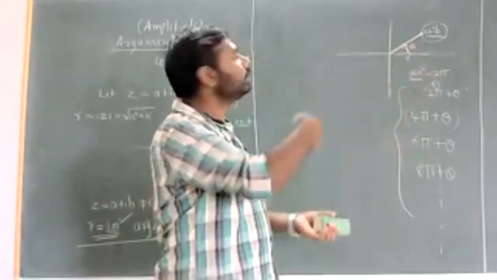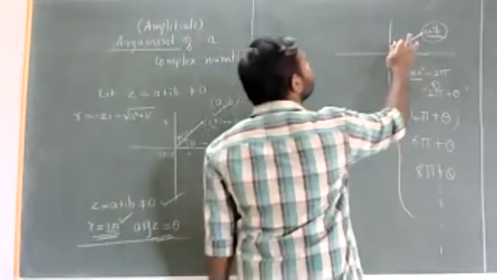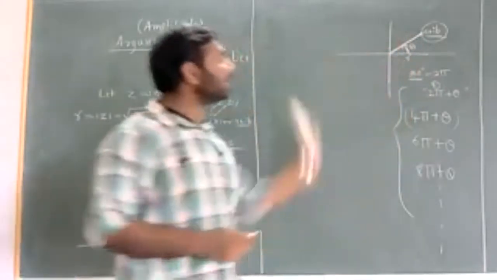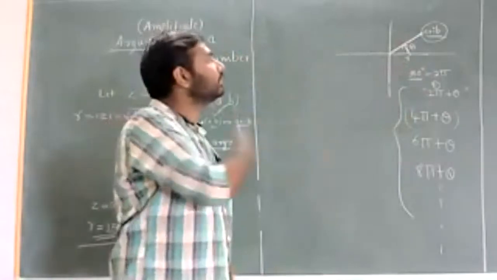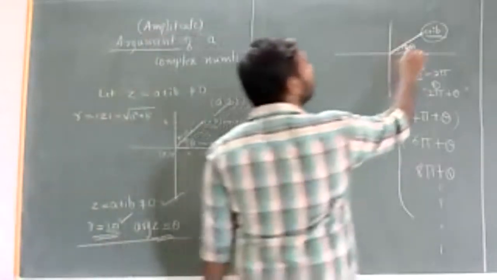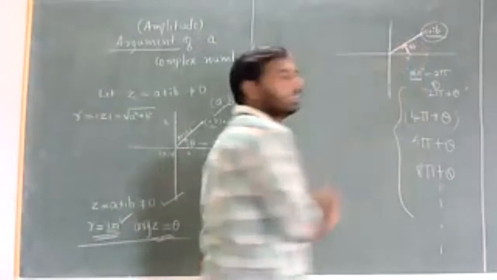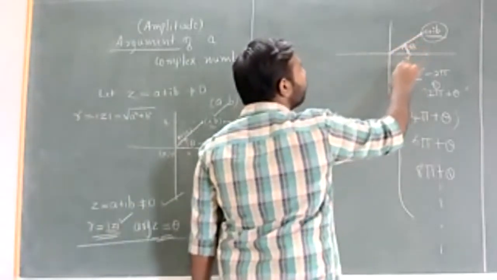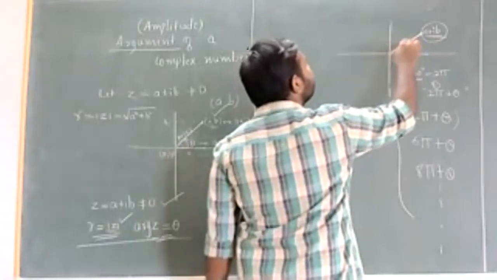You can do it another way. Now I will not rotate this in the anti-clockwise direction. I'll rotate it in the clockwise direction. Now already I have covered theta. So from this position, I'll go in the clockwise direction and complete a circle.